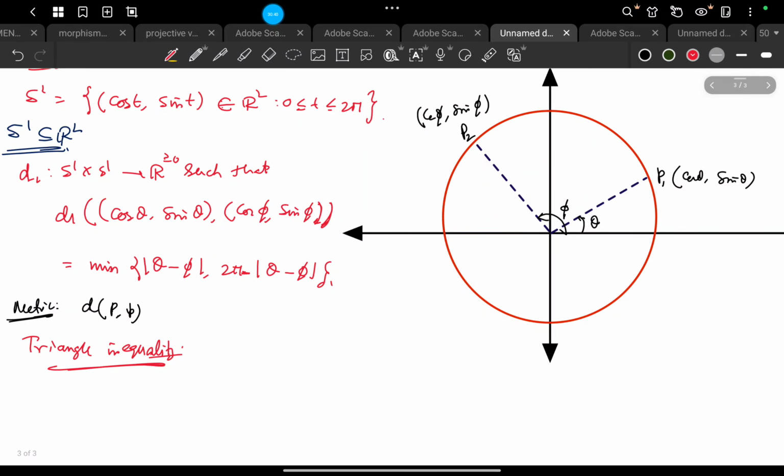So triangle inequality means, suppose we have another point in between p1 and p2.